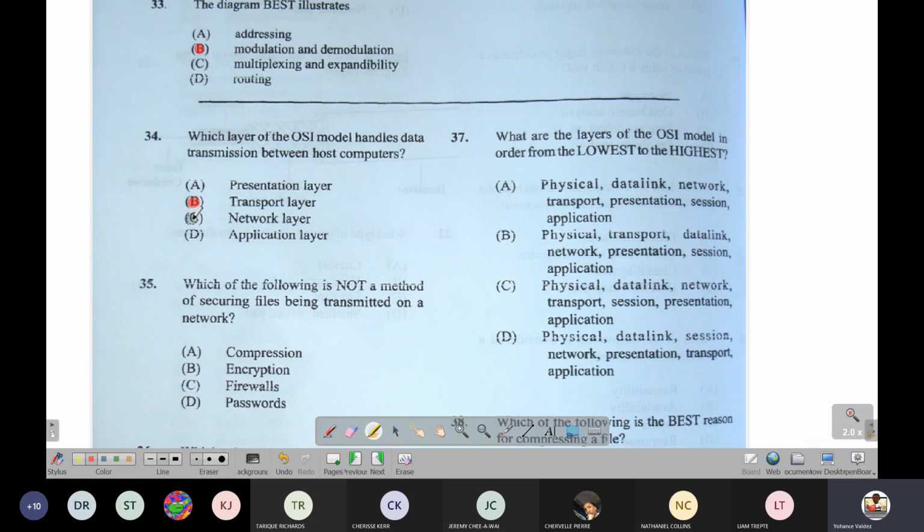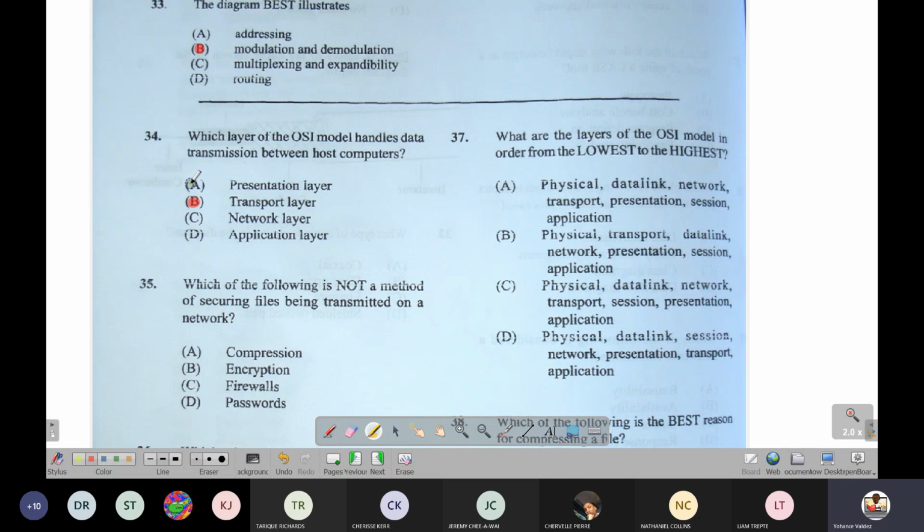We know that the network layer is responsible for addressing and ensuring that we can find the route across the network. But the transport layer is the layer that will ensure that we get the packet to the other side, and if the packet did not reach, it will send a signal to ask for the packet to be resent.